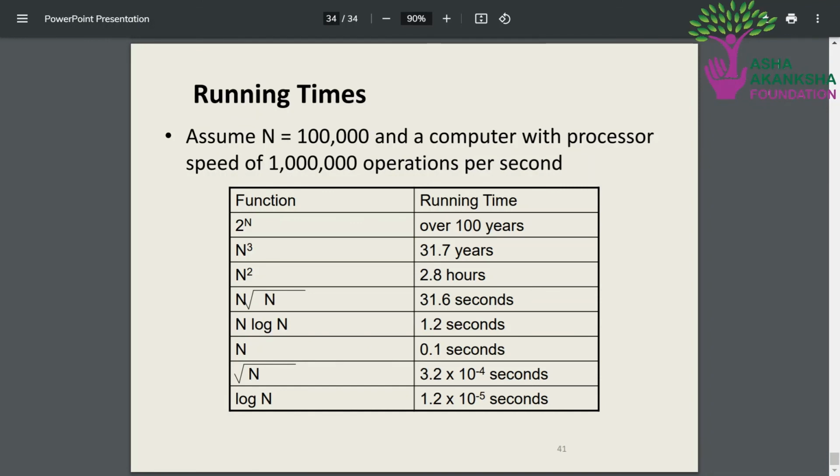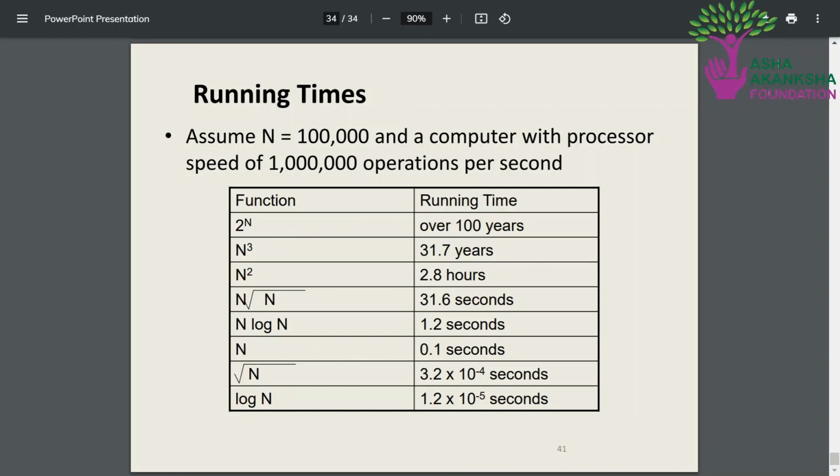In this example, we will see how time complexity has a great impact on the execution of an algorithm. We have given some functions and their running times, described with time complexities or big O notations.